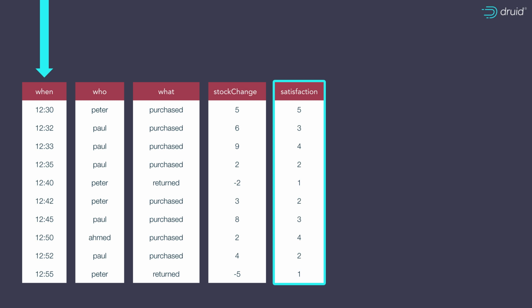Secondly, remember our timeline, it's made up of periods of time. So notice here with the arrow, it's pointing at the time column. This column of satisfaction values I'm looking at is constrained to a particular time period. In our example, just 12:30 until 1 p.m. And this has two benefits. One, when I'm asking about a particular period of time, Druid can intelligently determine which segments it should go and look at.